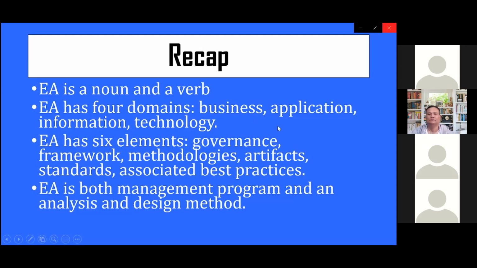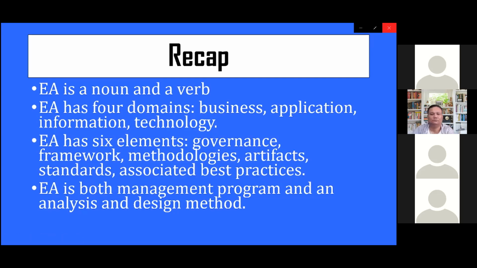EA has four domains: the business, the application, information, and technologies. EA has six elements: governance, framework, methodologies, artifacts, standards, and associated best practices. Governance is the overseeing, framework is the scope, methodologies are the steps, and artifacts are all the things that we use within the EA.